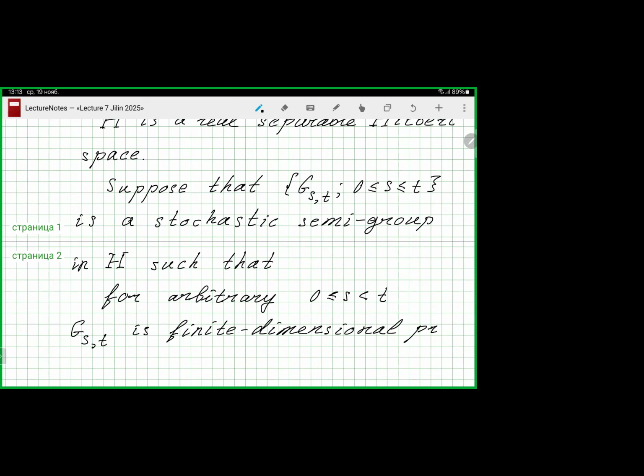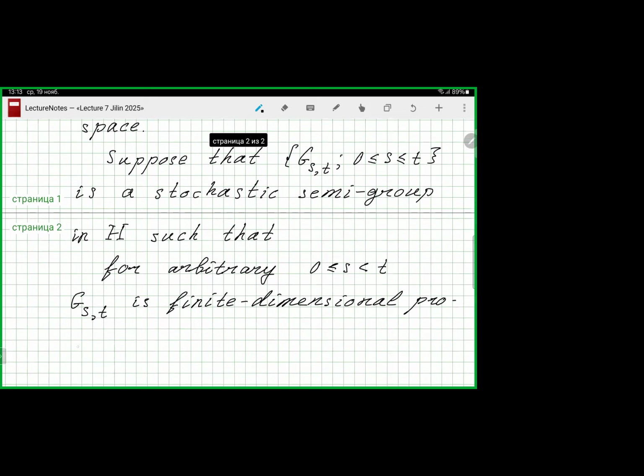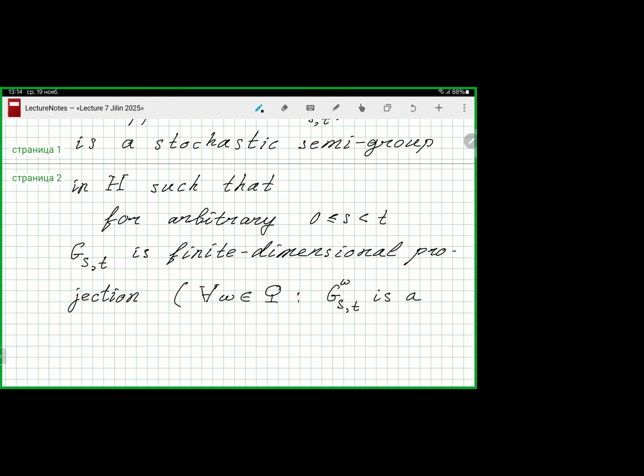Projection. Of course, it is random. So it means that for all omega from the probability space, our J_{S,T}(omega) is a projection. Always when I say projection in Hilbert space, I mean orthogonal projection.